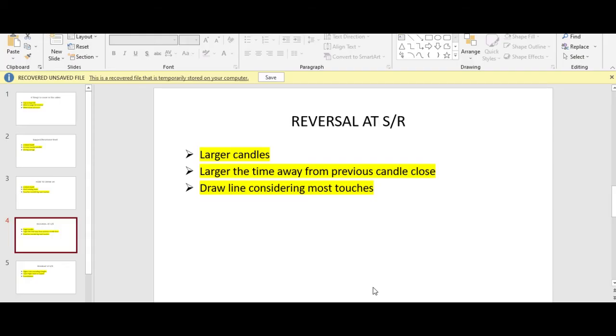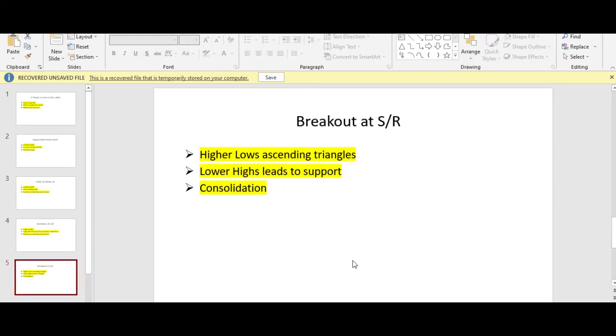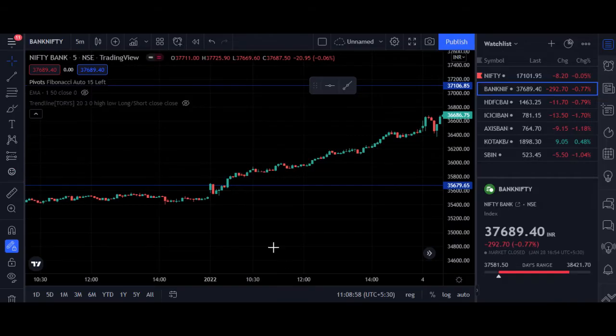So we will come to this time frame. How does the breakout happen? The breakout will always happen with the support of buyers.